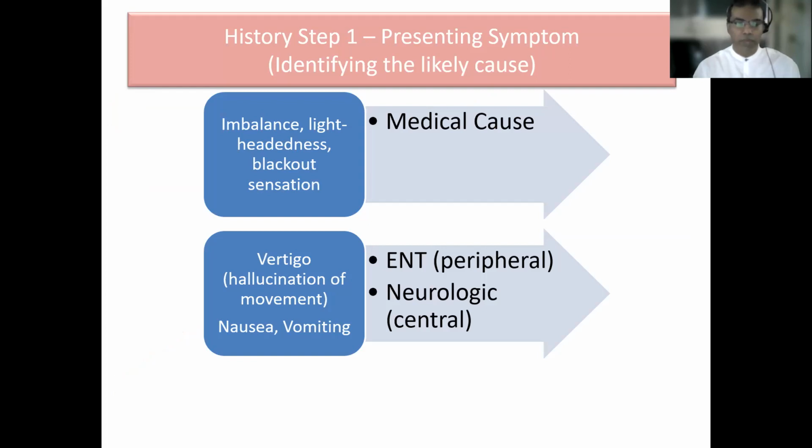Whereas if the patient complains of some funny spinning kind of sensation or rotatory or movements kind of issues, then we are thinking of a vestibular disorder, especially if there's nausea and vomiting. And then the next aim is to decide whether this is something central or peripheral. Peripheral, we are looking at ENT related conditions, whereas central is more neurological type of conditions.